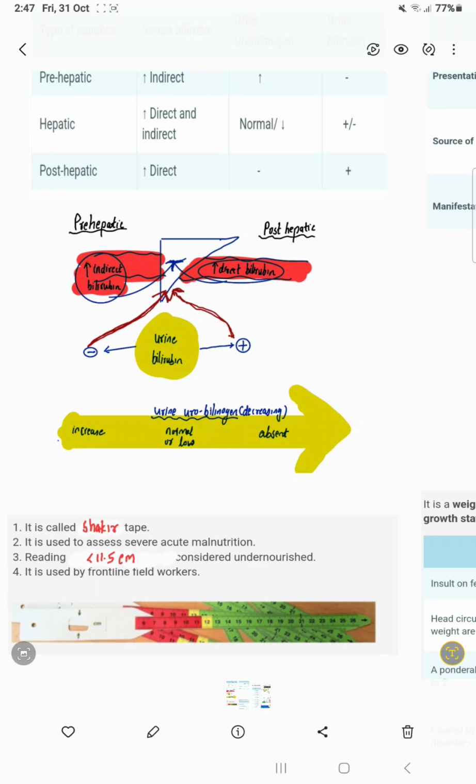Pre-hepatic doesn't have urine bilirubin, but it has a higher concentration of urine urobilinogen. Though urine doesn't contain bilirubin, it contains urobilinogen. So if we go from pre-hepatic to post-hepatic, the concentration of urobilinogen in urine is highest in pre-hepatic, then hepatic, then post-hepatic. In fact, in post-hepatic, urobilinogen is absent.